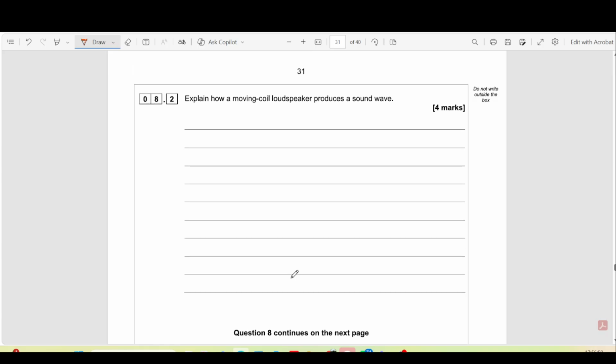The moving coil produces sound waves due to the diaphragm.